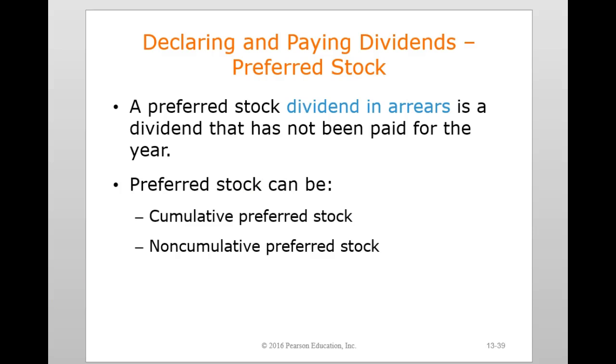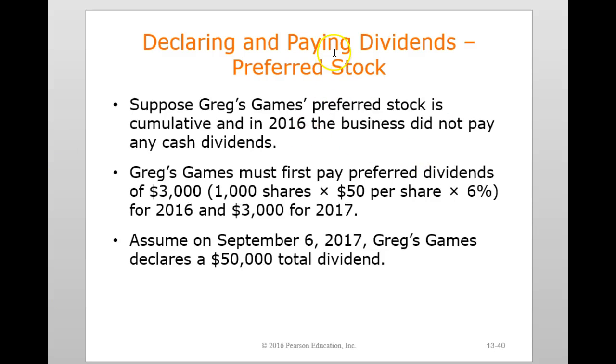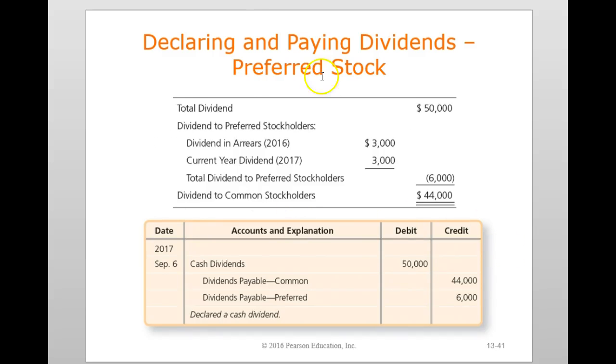So there are 2 types. And here's an example. Preferred stock is cumulative, and they didn't pay any cash dividends in 2016. If they had paid dividends, it would have been $3,000 to the preferred stock first. So in 2017, they declare a dividend of $50,000 total. So this is kind of what it looks like.